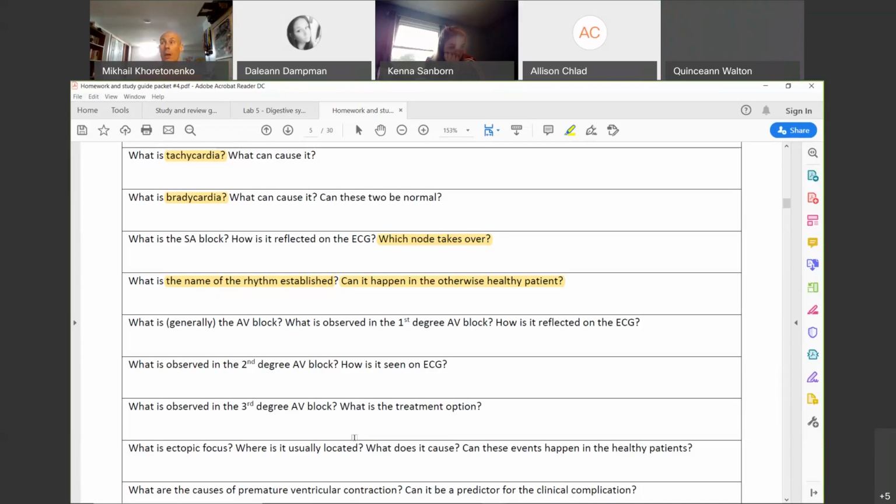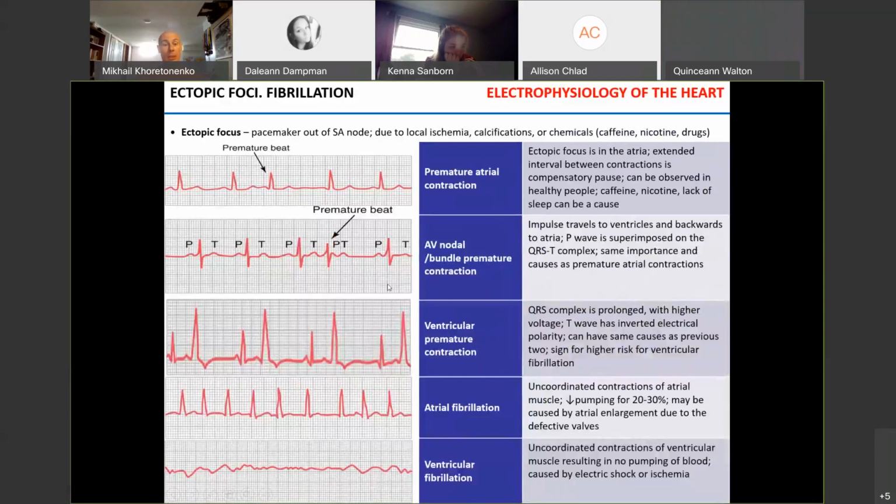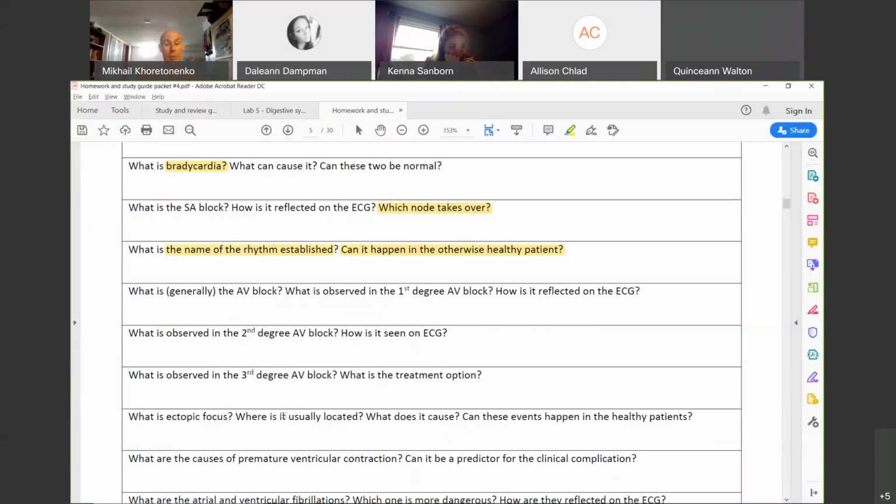Topic focus, extra beat. So that's here, you see, premature beat, premature contraction. Usually it is located in the wall of the atria or the wall of the ventricle, outside of the conduction system. Premature contraction can happen in healthy patients.